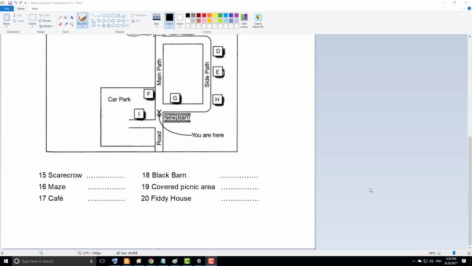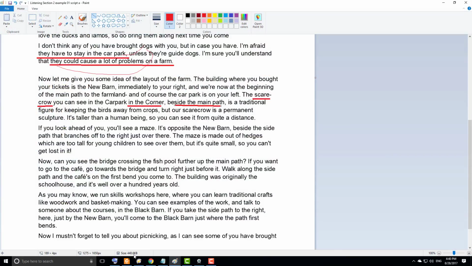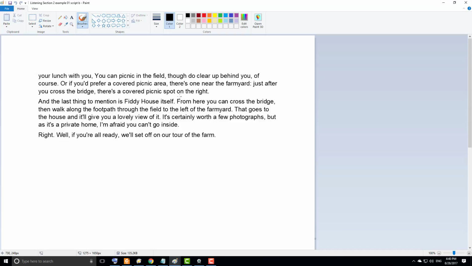Okay, so just one more point about the clues that they give you when they tell you the answers. If you look at question number 19 here, about the covered picnic area, let's try that in online. The covered picnic area, if we look at the script, where's the script?